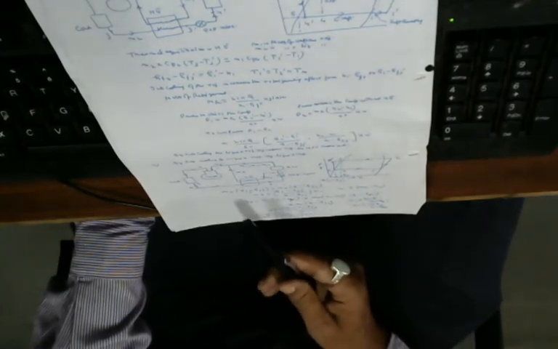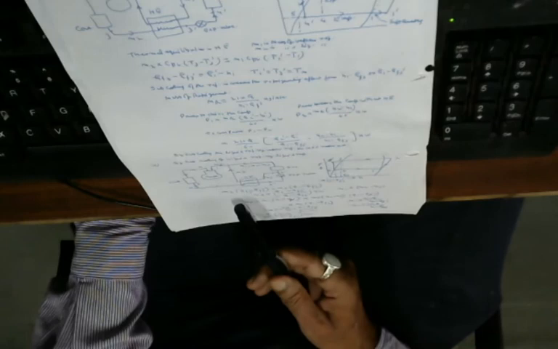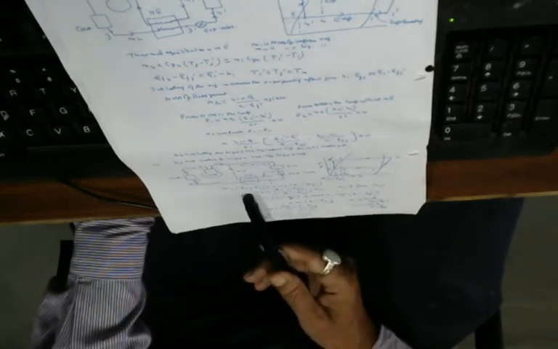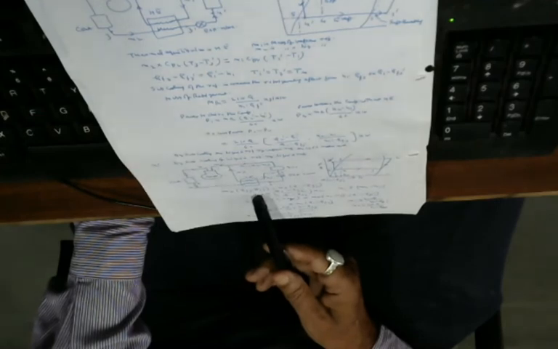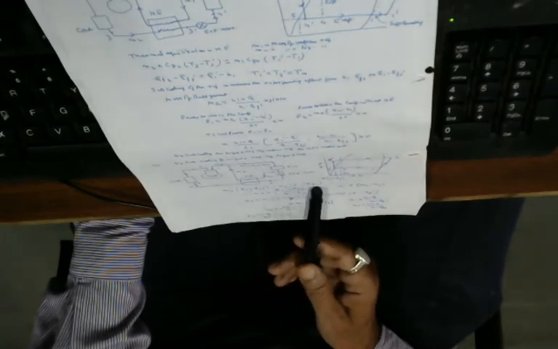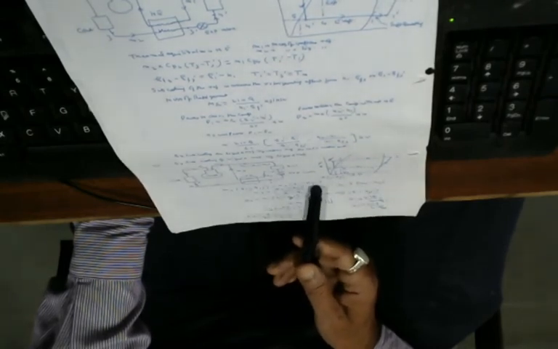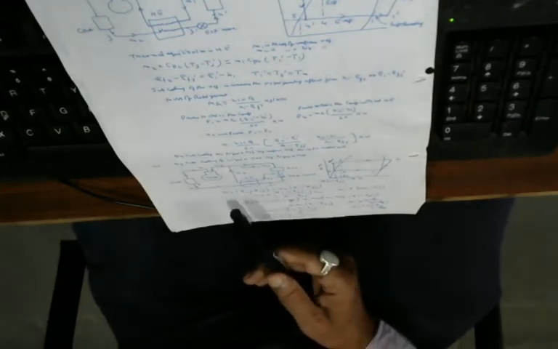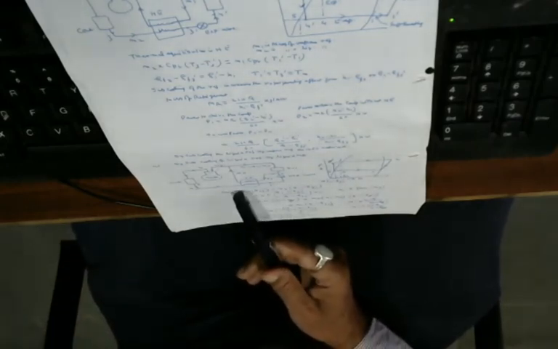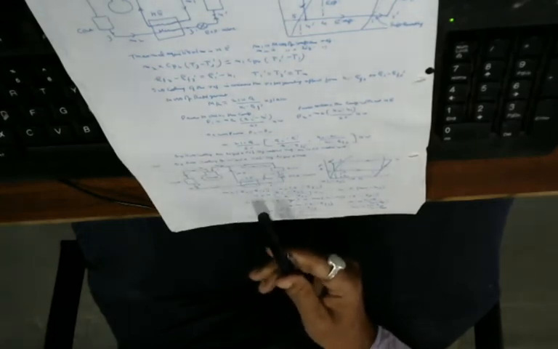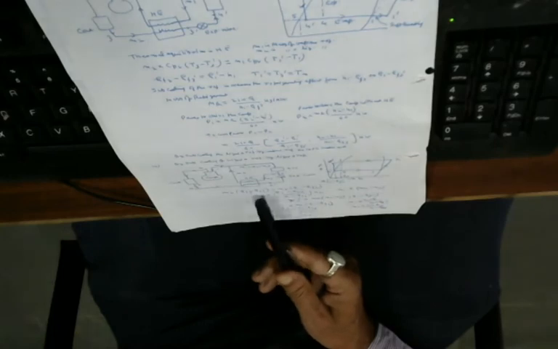Now make the heat balance in the heat exchanger: M2 into (HF3 minus HF3 dash) is equal to M3 into (H1 minus HF4 dash). So in the heat exchanger, one stream is your M2 and another is your M3. Both are exchanging heat with each other.